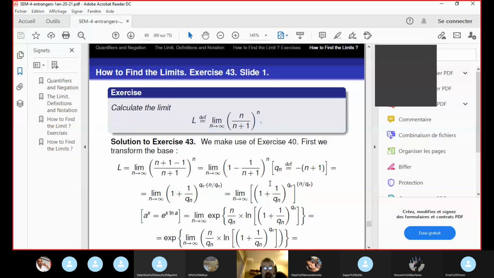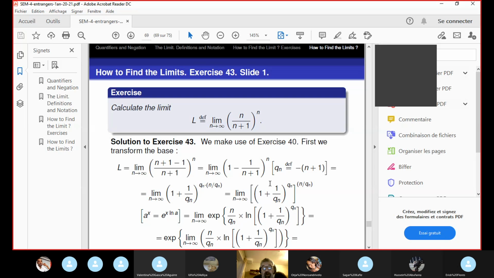Okay? So now, what do we have? I want to rewrite my limit as the limit of an exponential function using this formula. You see, in this case, a is 1 plus 1 over q sub n to the power q sub n, and x is n over q sub n.